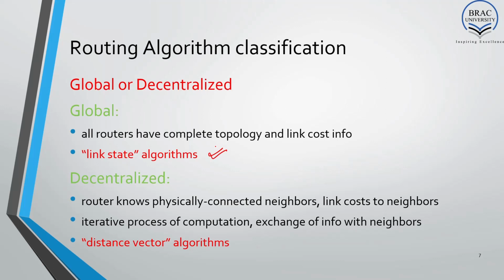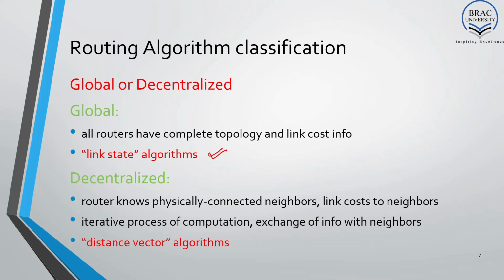Another is called local or decentralized approach, where a router does not have the information of the whole topology. Basically, it depends on its neighbors to learn about the other networks. They totally depend on the physically connected neighbors to know the information about the topology.